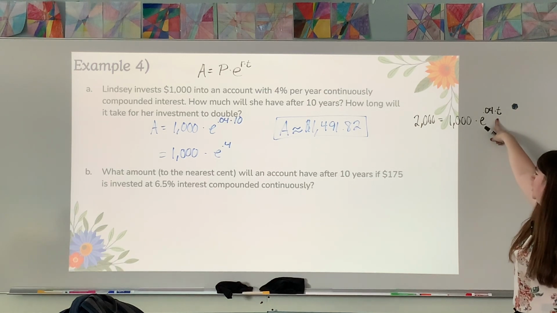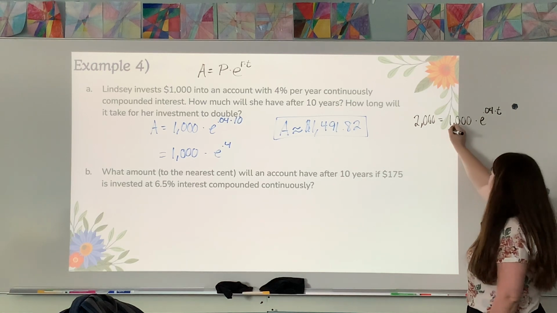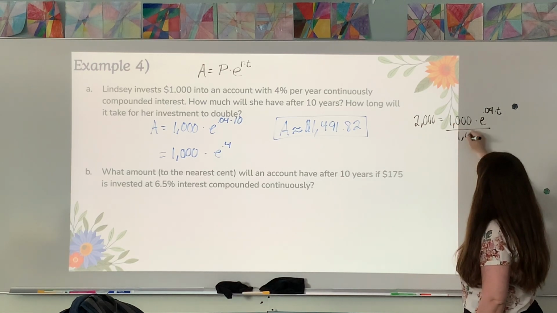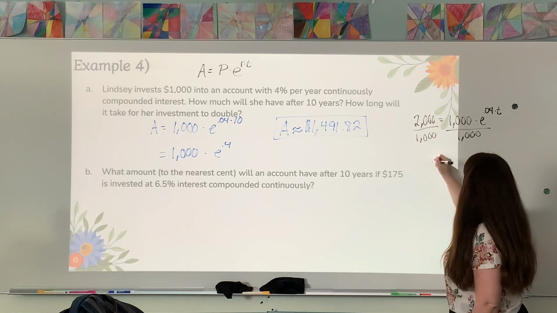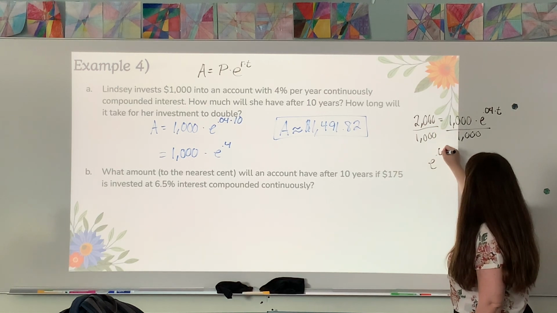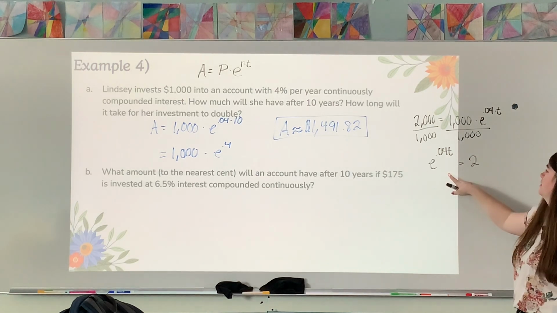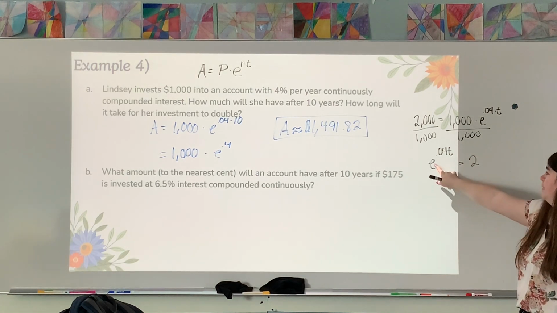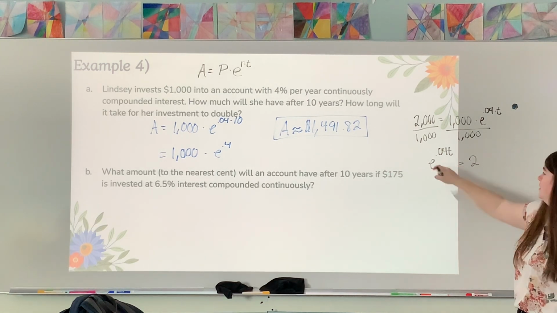So we are going to use a logarithm. We're going to start by dividing out 1,000. So we have e to the power of 0.04t is equal to 2. We're going to convert this to a log. So we have base of e, which means what kind of log do we have? Natural log.